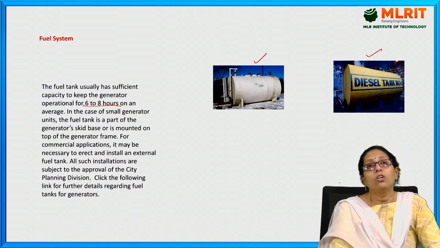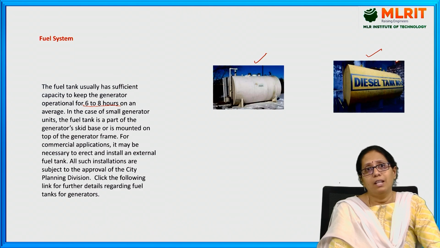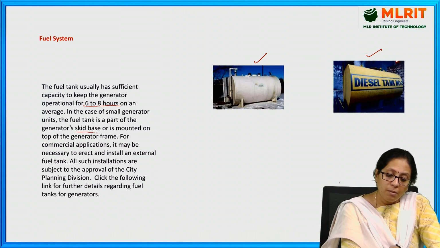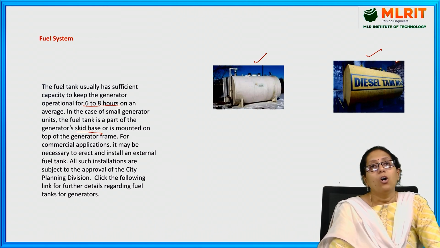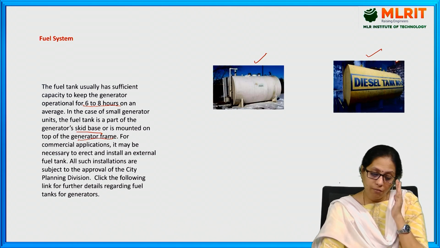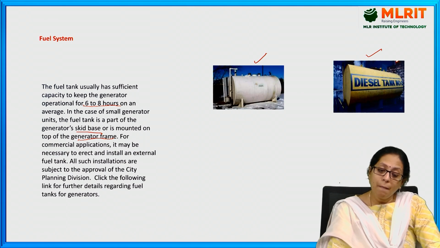That means the amount of diesel needed to run the generator for 6 to 8 hours is stored in this tank. In the case of a small generator, the fuel tank is part of the generator's base or is mounted on top of the generator frame.